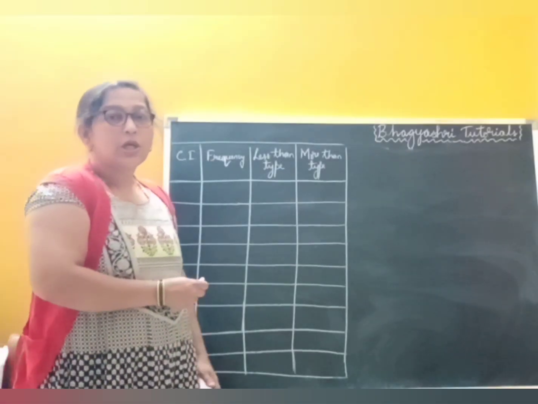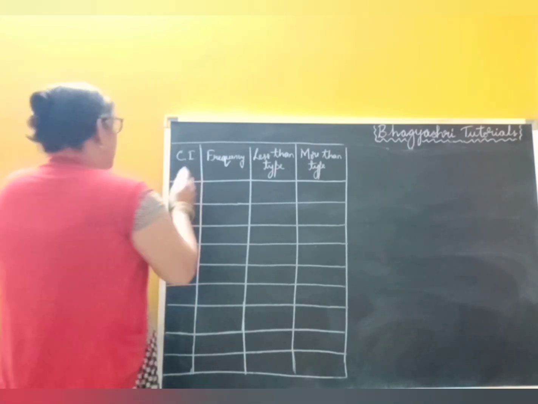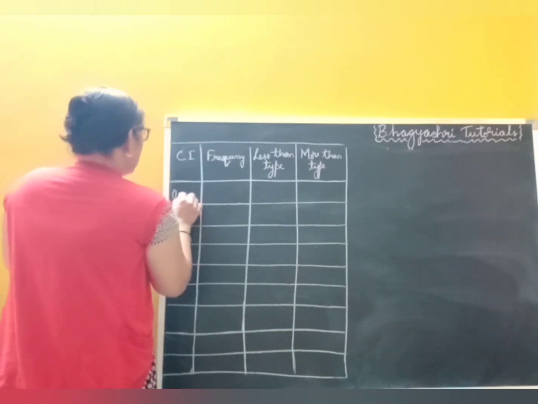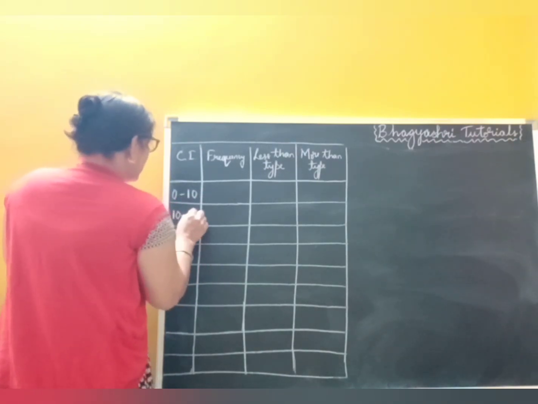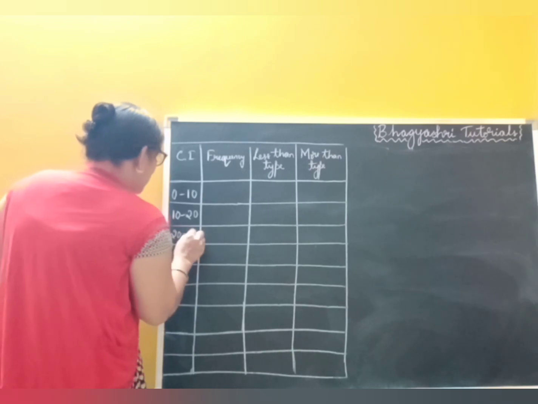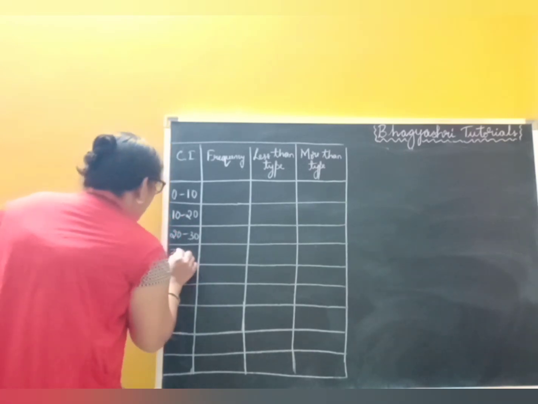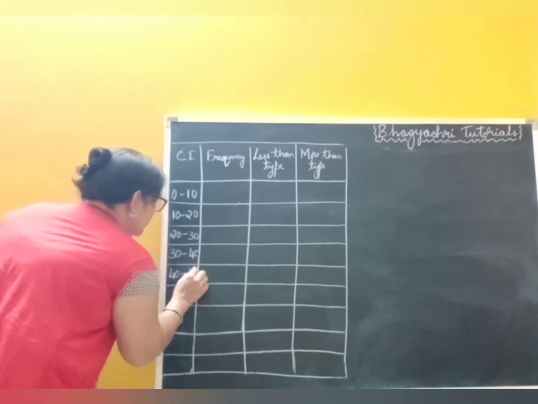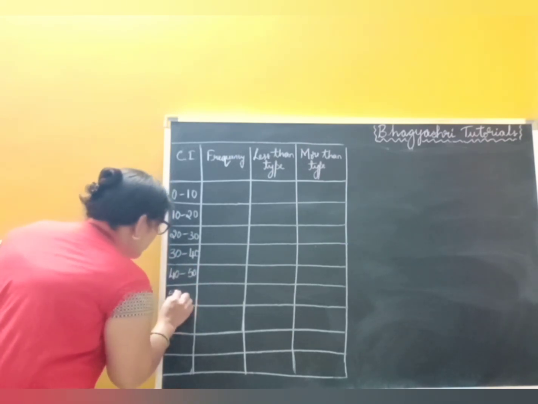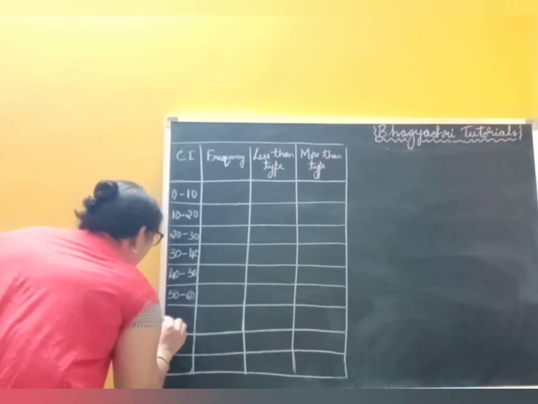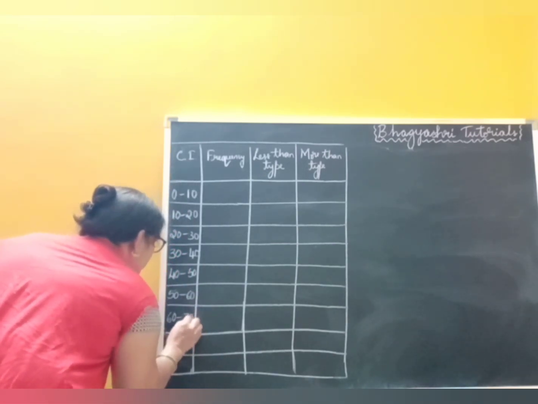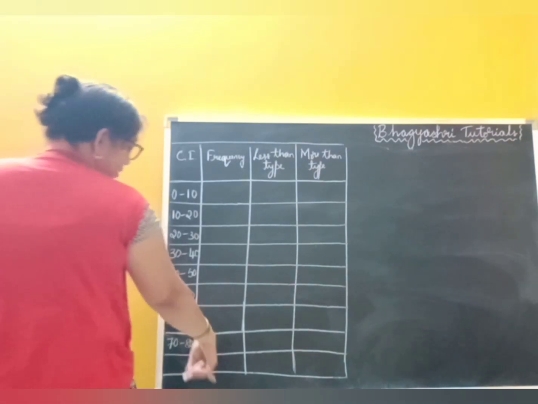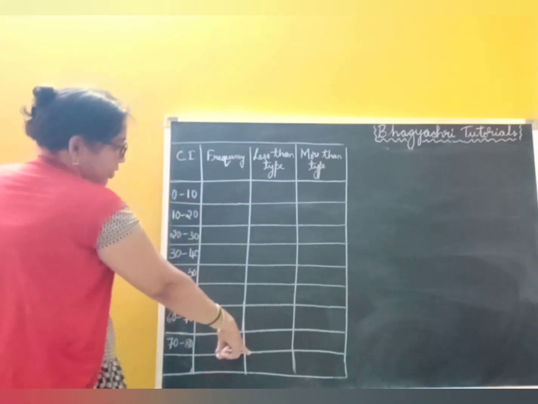Let me write the class intervals in the first column, that is 0 to 10, 10 to 20, 20 to 30, 30 to 40, 40 to 50, 50 to 60, 60 to 70, 70 to 80, and this last row is to write the total.